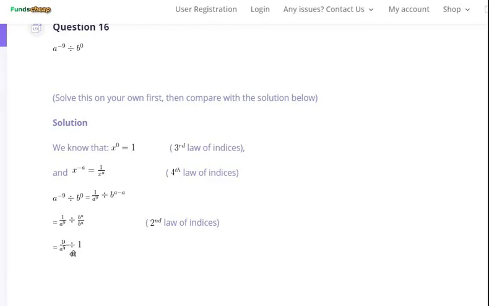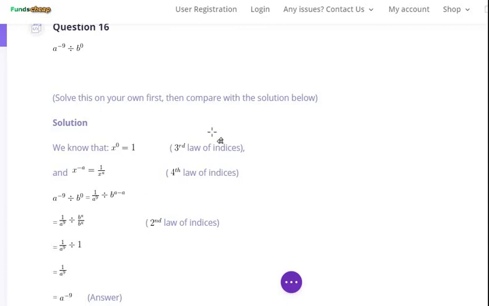Proceeding, we have 1 divided by a raised to the power 9, divided by 1. So this is 1 divided by a raised to the power 9, and that is our answer, a raised to the power minus 9.